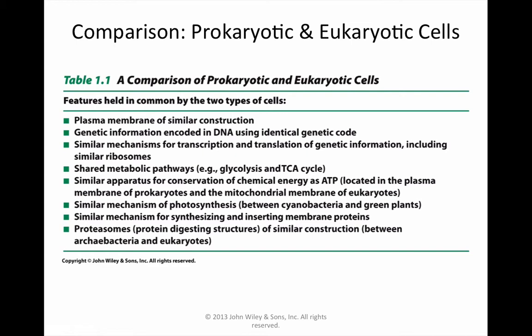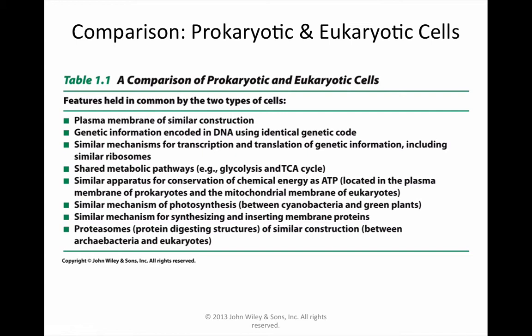The genetic information that's held within the DNA is coded using an identical genetic code, A, T, G, and C. They have very similar mechanisms for transcription and translation of our genetic material. This includes their ribosomes. We have many shared metabolic pathways, things like glycolysis and the citric acid cycle.